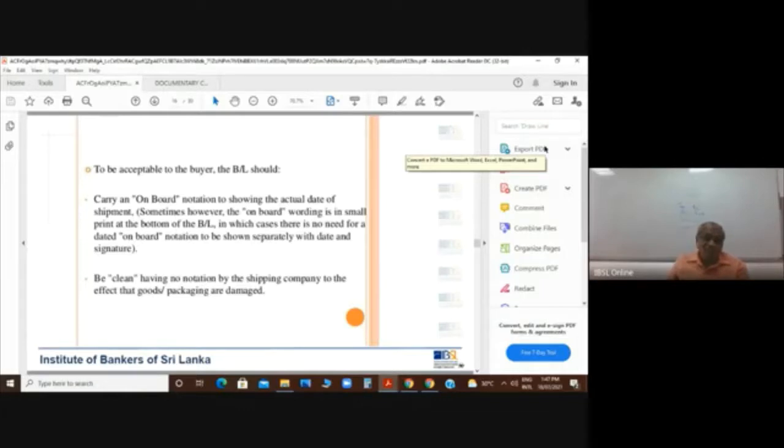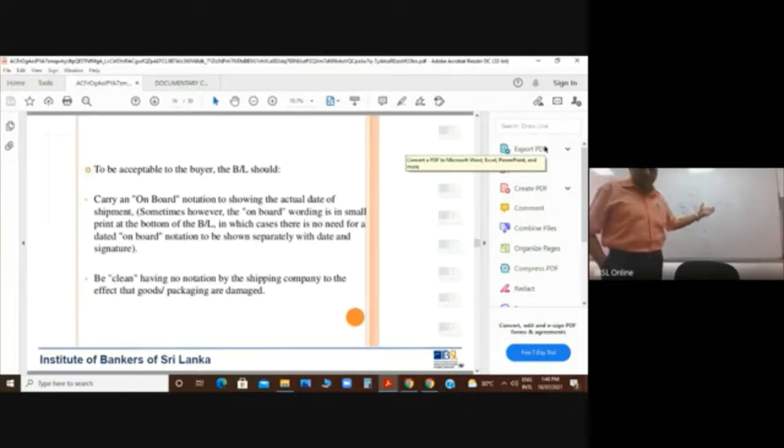And because of that, it carries an onboard notation to show the actual date of shipment. BL, onboard notation. When it was boarded, right? On board notation, when they have loaded the consignment on the ship.